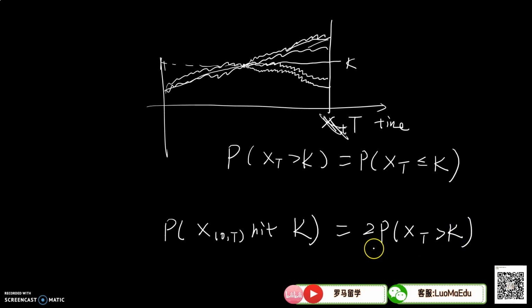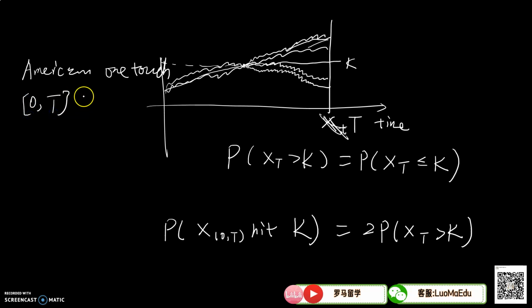Alright, so if we have 2 derivatives, for example the American one-touch, the payoff is defined like this: if between time 0 and capital T there is any time that X can hit K, I get $1.